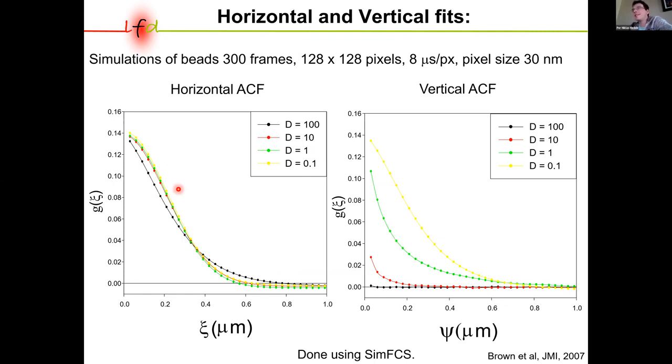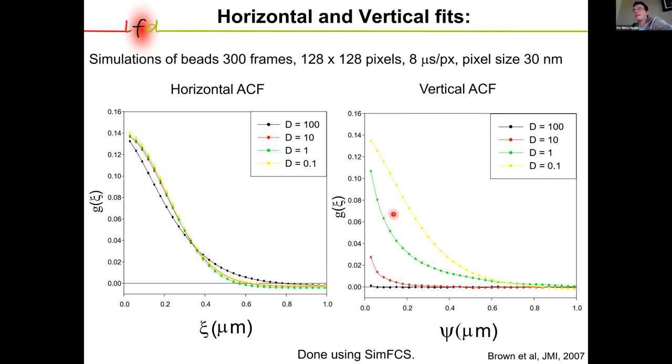If you look at the line to line correlation, you see for the very fast diffusion, for 100 micrometers square per second, the black dots, you almost get no line to line correlation. But then it increases and you have a stronger difference for the slower diffusion. So the line-to-line correlation is more sensitive for the slow processes.